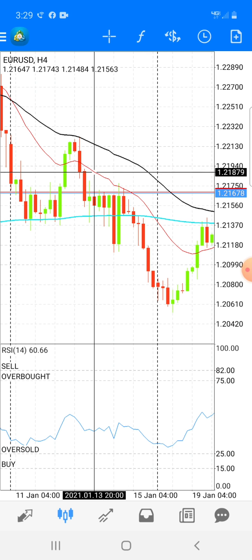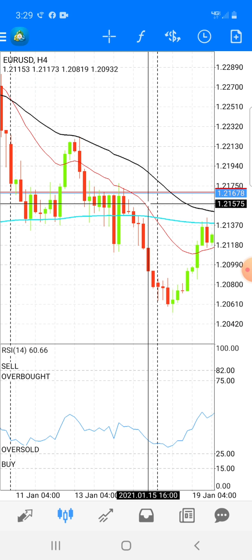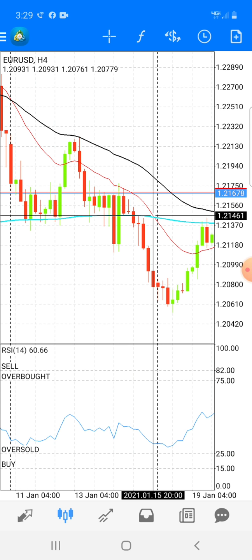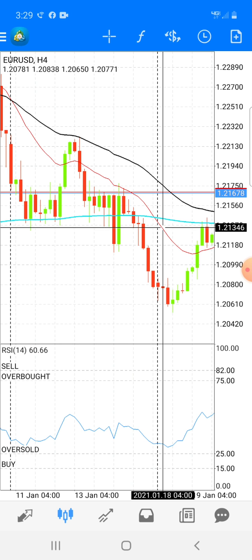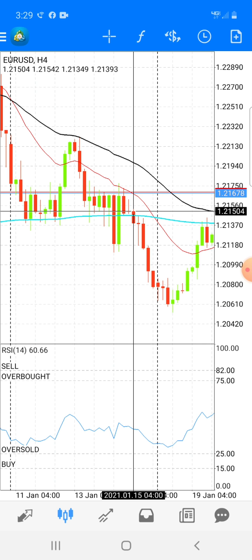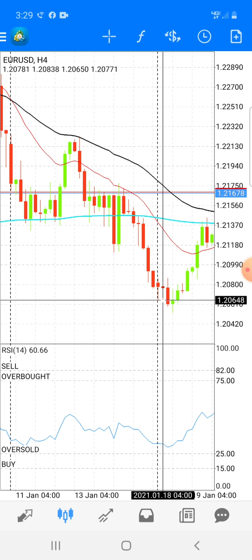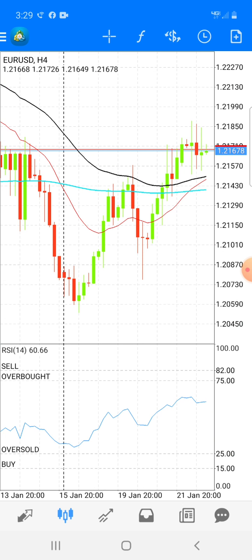So the 20 was being respected here, meaning it didn't break. And then once this 20 came down to this 200, it really started dropping. And as you guys can tell, there was no green until it came down to the support zone down here.